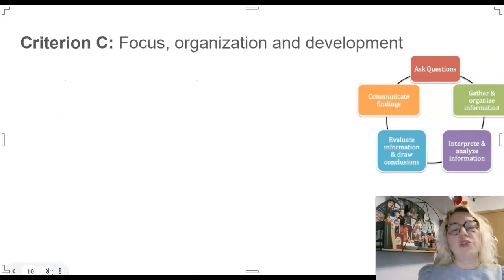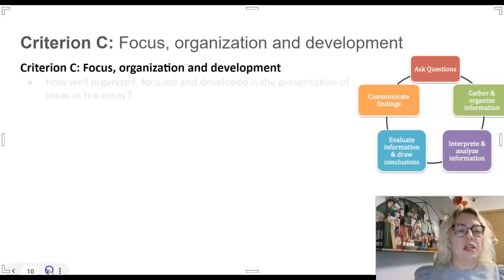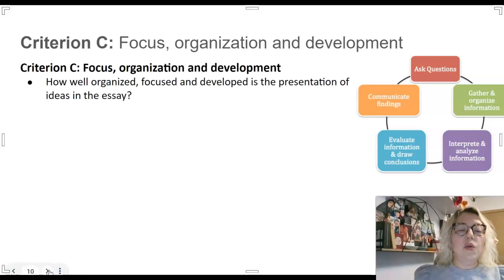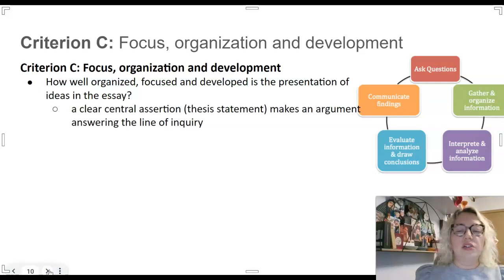Criterion C, focus, organization, and development. This is a new criterion you're going to be assessed on, and it asks how well organized, focused, and developed is the presentation of ideas. It's always easier to organize, focus, and develop ideas if they are good ones, and so that is the most important thing.